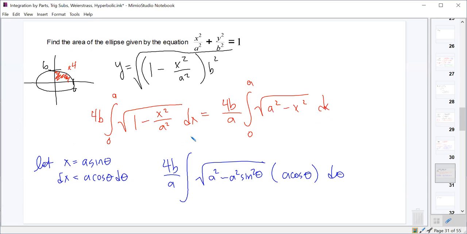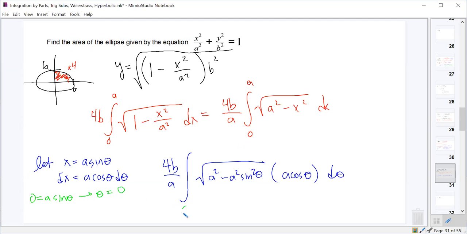So our x value was 0 to start with, right? So if I say 0 is equal to a sine theta, what is the theta value now that these need to be thetas? Theta ought to be still 0.